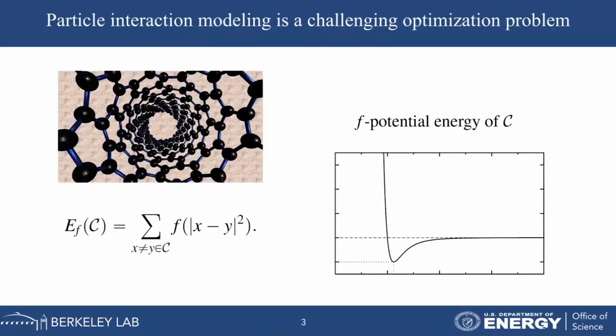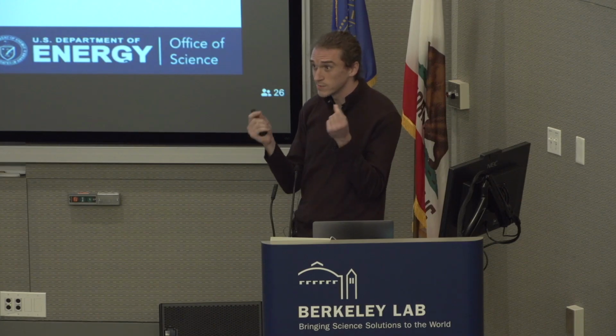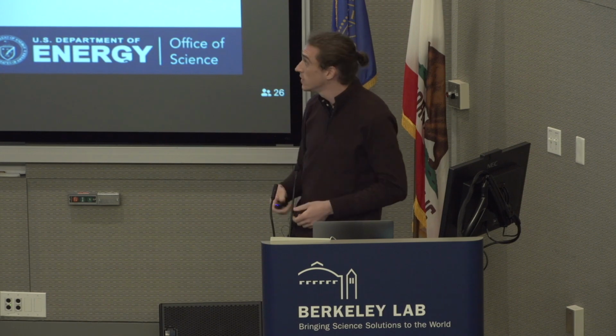Okay, so jumping right into interaction energy optimization. The situation here is you have identical point masses or charged particles, and you have a force between these particles that depends only on the distance between points.